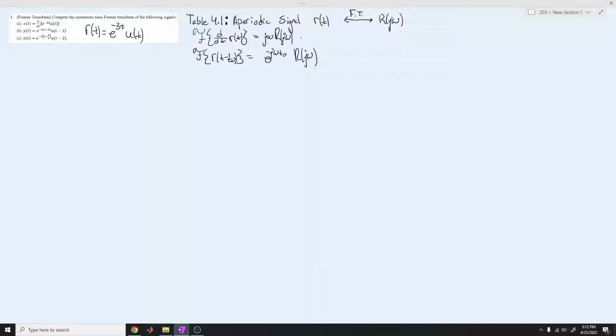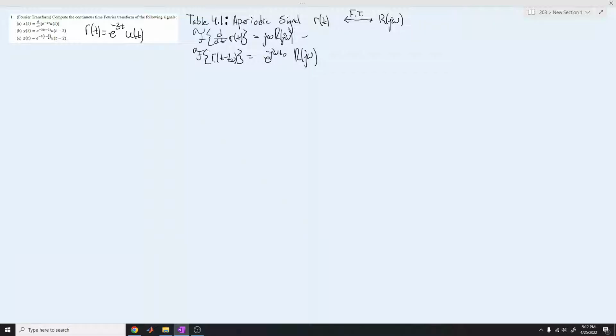We don't know what R of j omega is, but we know that it is the Fourier transform of r of t. And if we want the Fourier transform of the time derivative of r of t, then it's just j omega times big R of j omega.